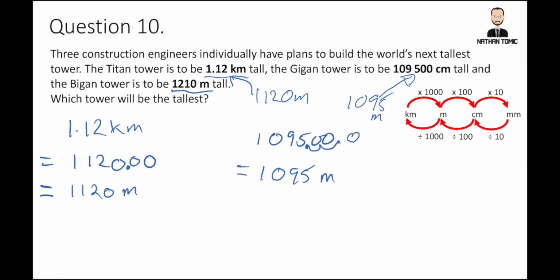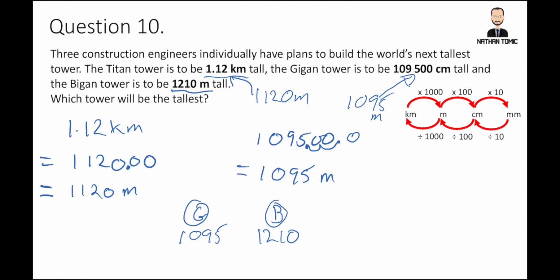So if we were to put those in order, we have 1210 being the Bigan. I'm just going to put B above it. The Gigan Tower is 1095, so that is smaller. The Gigan, we'll put the G above that. And the last one we haven't shown is the Titan Tower, which was 1120.